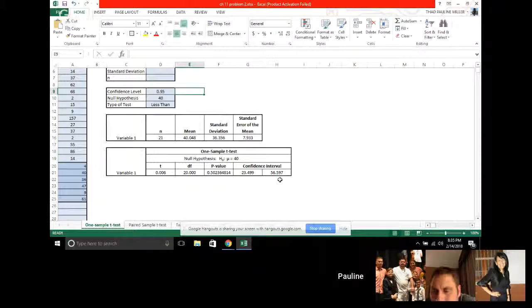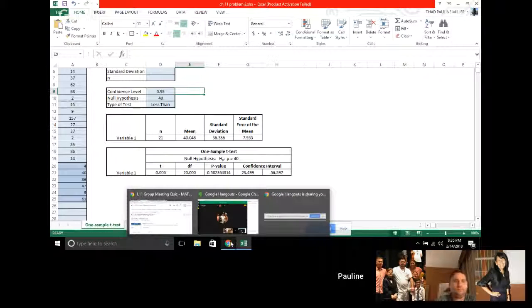We need Polly's screen up. Every time somebody else talks, your screen goes away. Oh, I didn't understand that. So this is the screen. This is the upper level right here. 56.597, and then we're just going to take it to 1 decimal, 56.6.